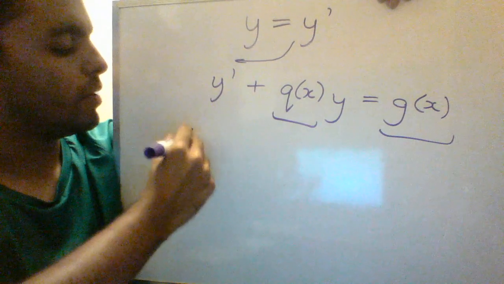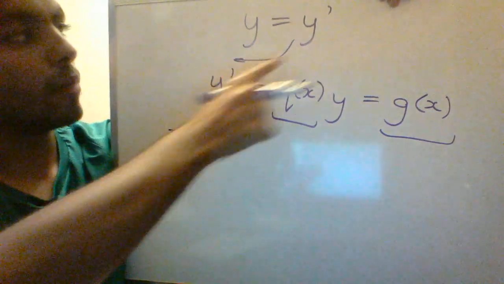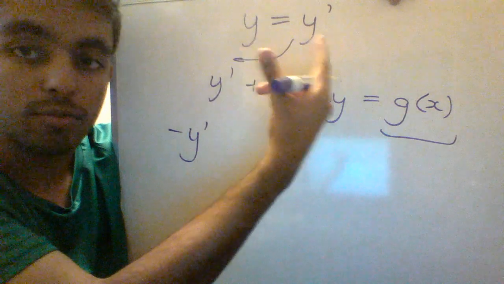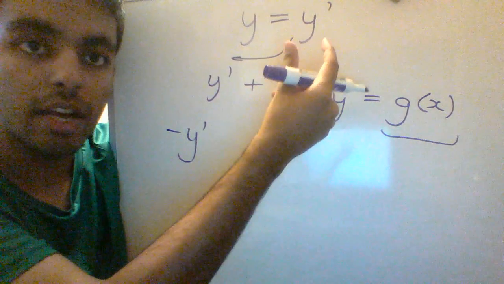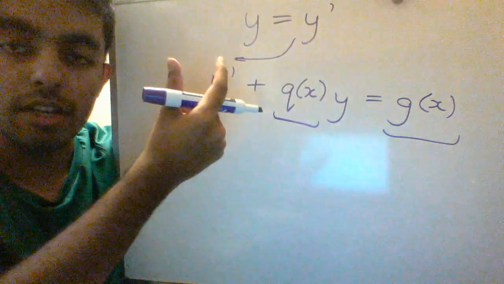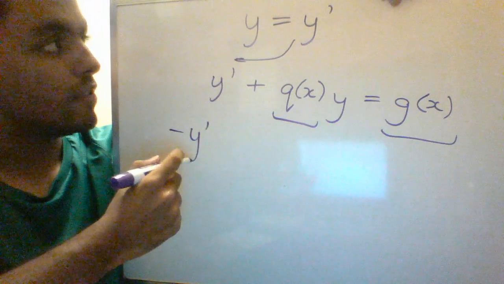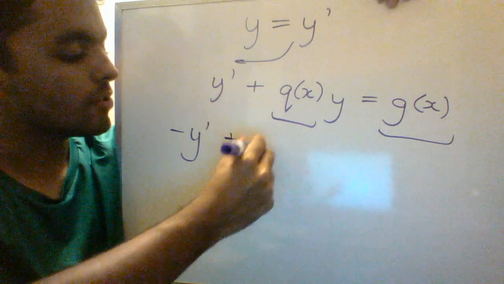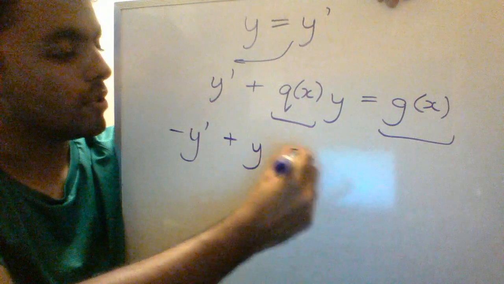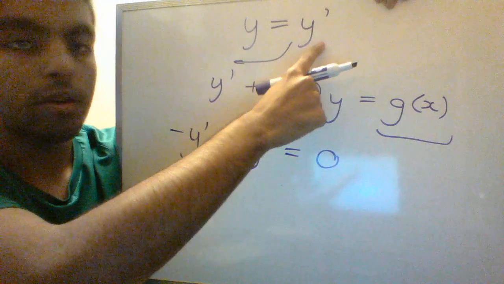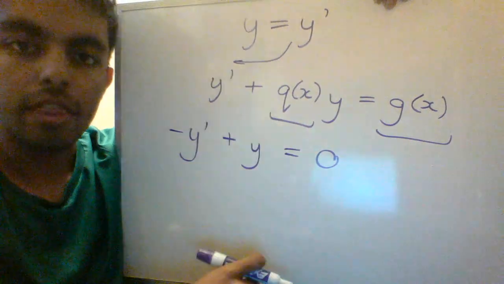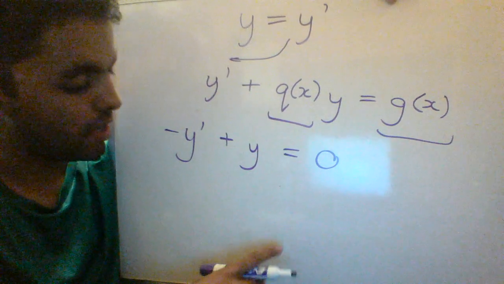And if we do that, we get negative y prime, because it was positive on that side. So if you subtract out a y prime from each side, this side you get 0, and this side you get negative y prime. So you have negative y prime plus y equals, and because we subtracted out y prime from this side, we got nothing left over on the other side, right?